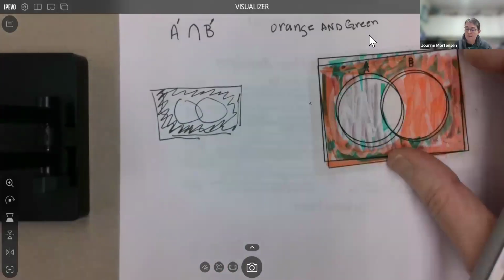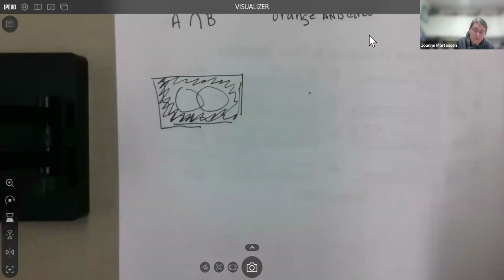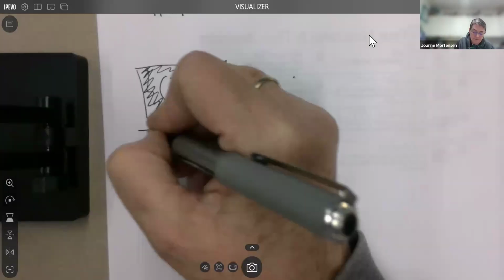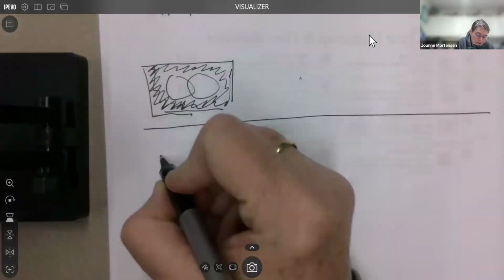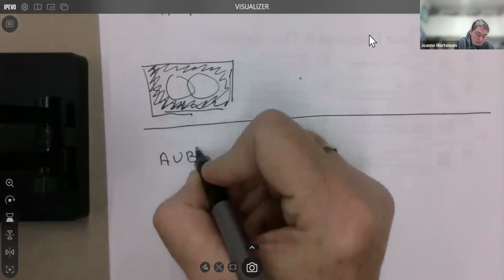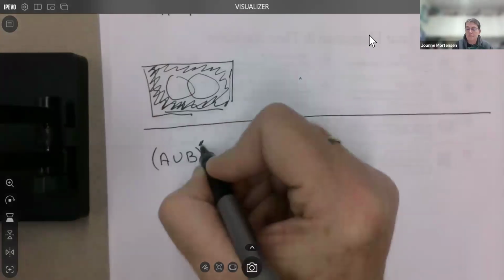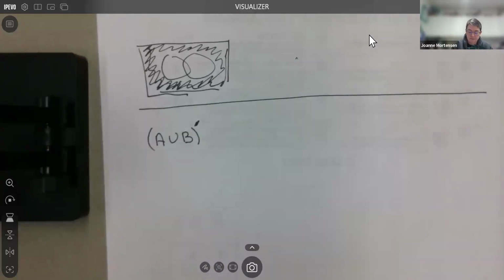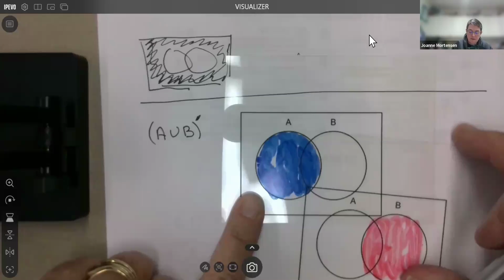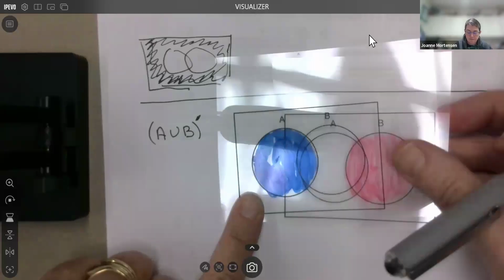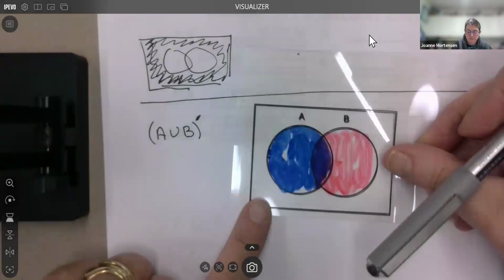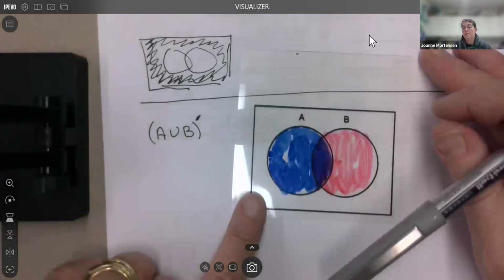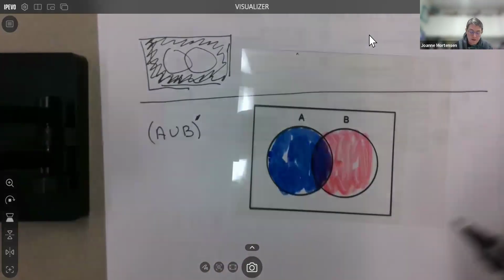Now let's do one more. Oh, yeah, there were some brackets the other day that were causing grief. A union B prime. Okay, so I got my A card and the B card. Okay, so if you remember union from 6 minutes ago or whatever, it's or.